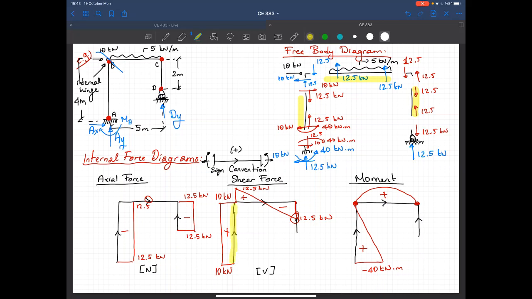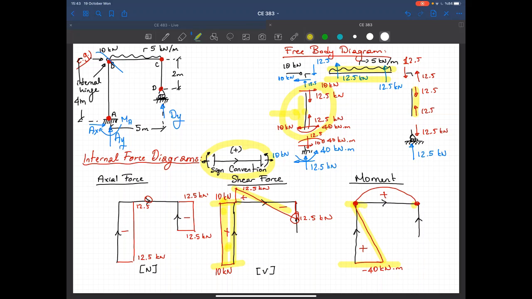You go member by member, look at the forces, compare it with the directions of the sign conventions, determine the locations of the end forces, and then take a look at the loading or take a look at the shear diagram to determine the variation between these 2 points. Now for member AB, for example, I don't have any loading, so the shear force should be constant. If I have a constant shear force, I should have a linear variation in the moment.